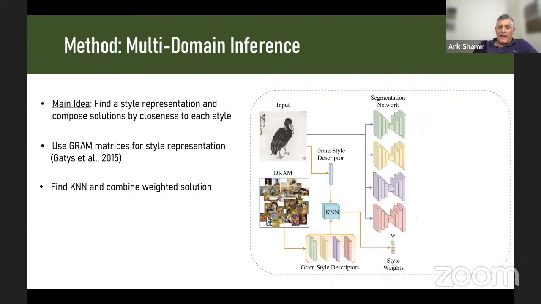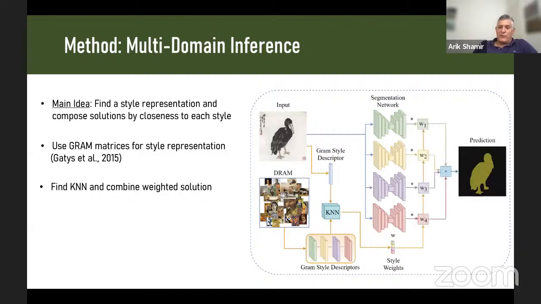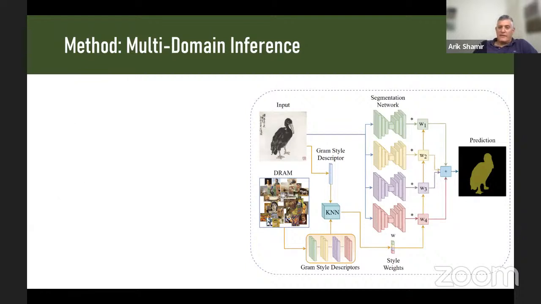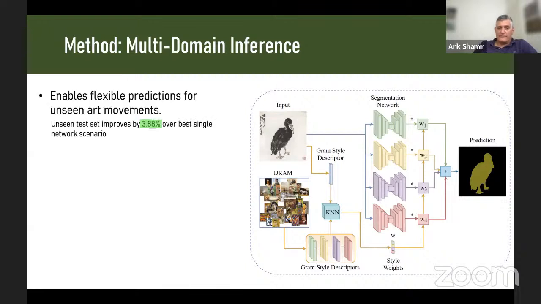Then we look at the k-nearest neighbors from the database of this new image, and using those k-nearest neighbors, or the number of k-nearest neighbors, we weigh the different results of the 4 networks to get the final prediction of our network. So in a sense, we found that this works much better than looking at each and every one separately.